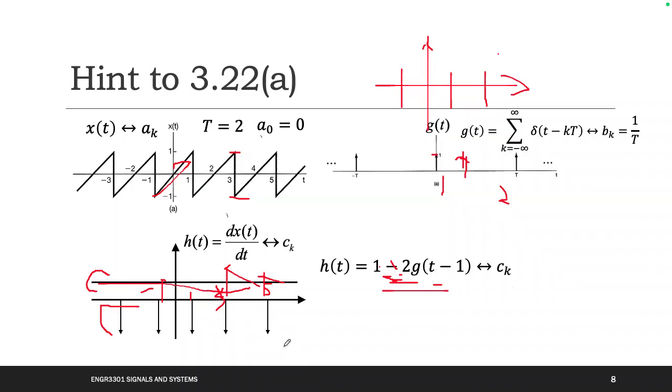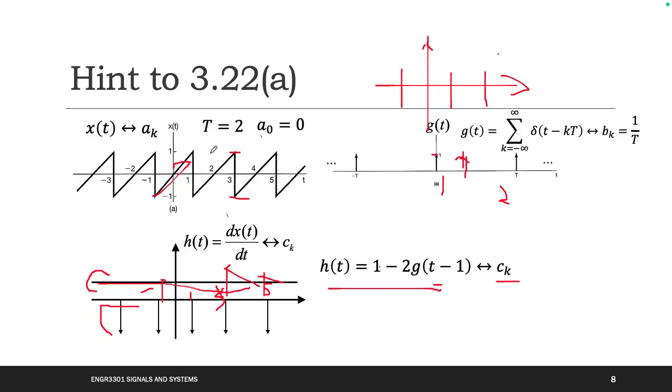So what can we do? If we know the FS coefficient for h(t), and then the c_k, am I right? Because h(t) is just x(t) after derivative, and after integration, we get x(t).